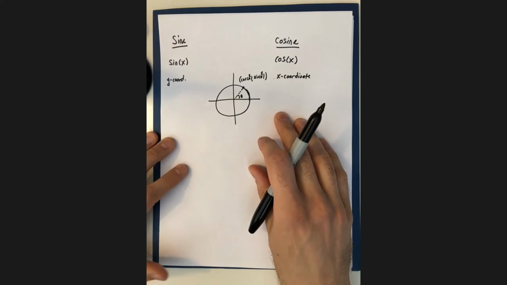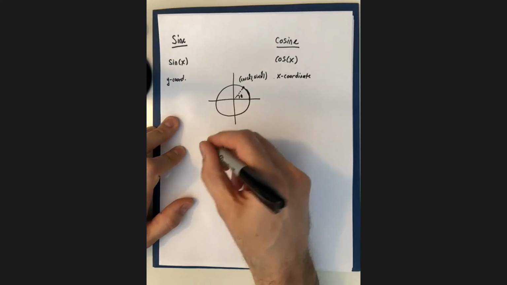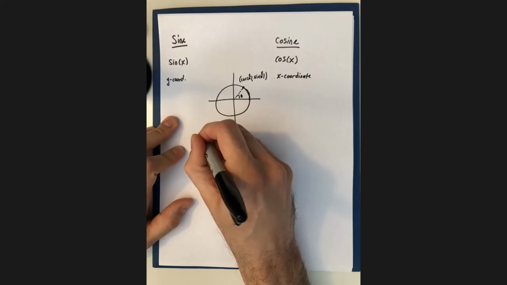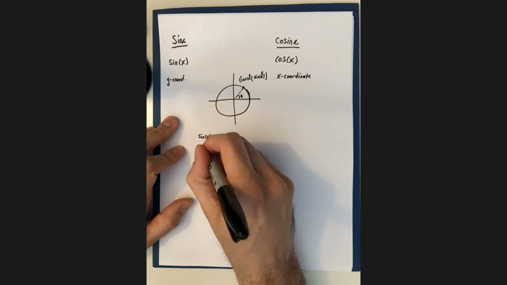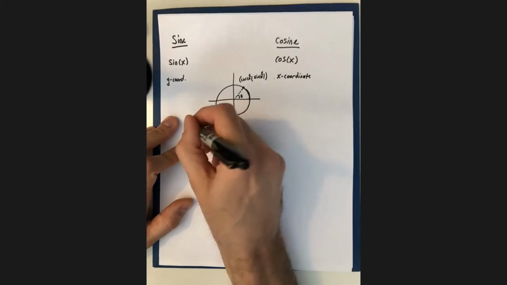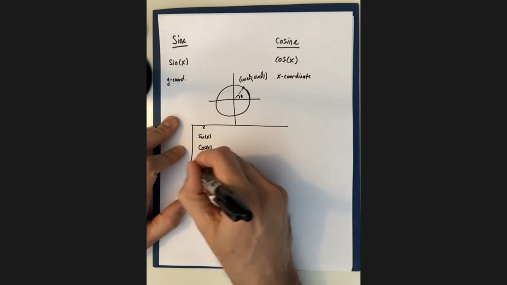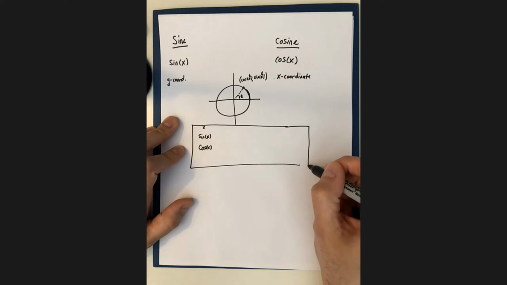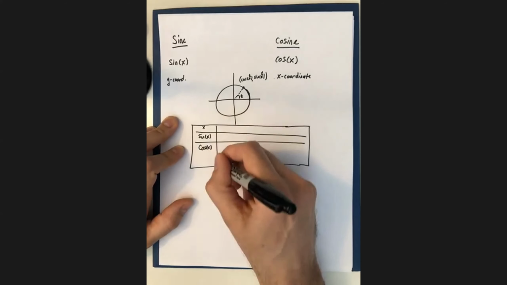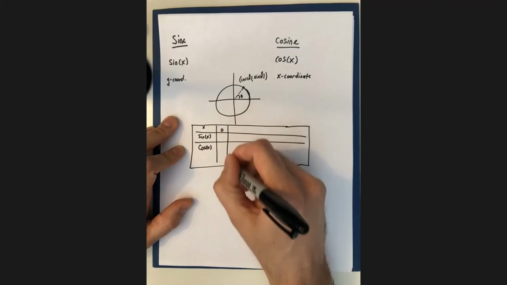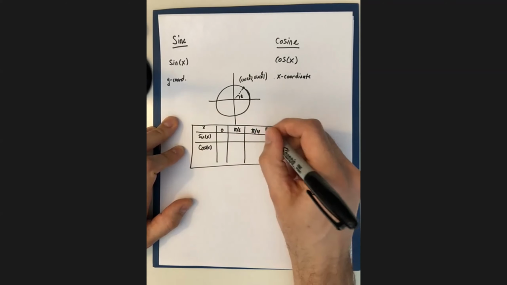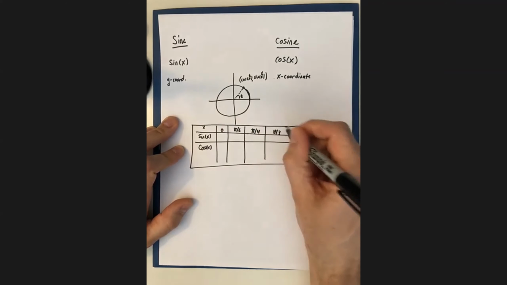And so what we did is we had a chart that looked something like this. We had sine x and cosine x, and then we had our angle x. Our angles were 0, pi over 6, pi over 4, pi over 3, and pi over 2.